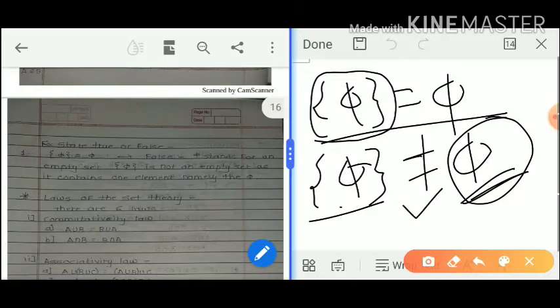This condition is true: in braces phi is not equal to phi, because this set is not an empty set. It contains one single element, phi. Phi stands for an empty set. In braces phi is not an empty set, as it contains one element, namely phi.